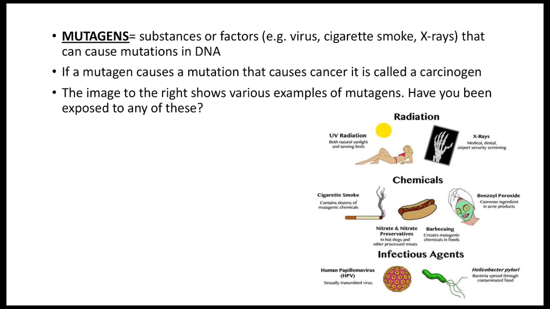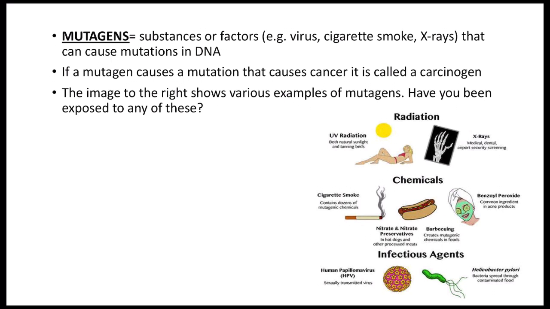Have you had foods with preservatives in them? Usually, nitrates are often used to preserve a lot of processed meats. If you burn something while cooking or barbecuing, this can cause mutagenic chemicals in foods to form. Benzoyl peroxide is a super common ingredient in acne products.